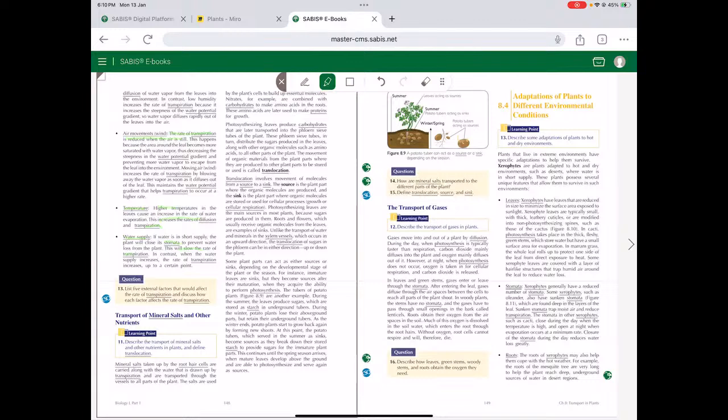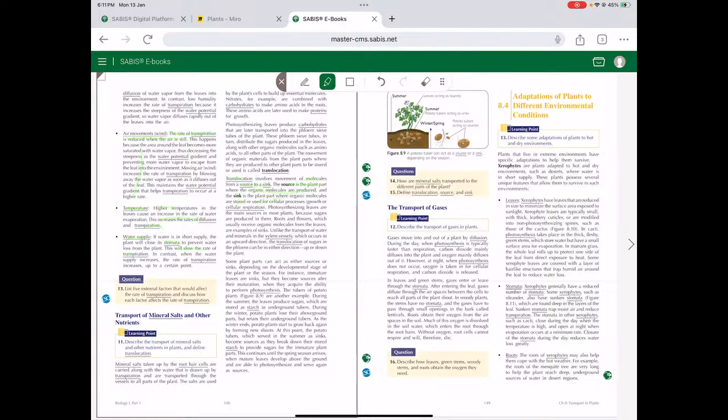Okay, this is where we're going to be talking about also translocation, okay, which I already mentioned before. Just a quick revision of it. Remember, we said translocation, movement of molecules from the source to a sink. Remember, I told you guys, the source is where the organic molecules are produced, and the sink is where they are used or stored.